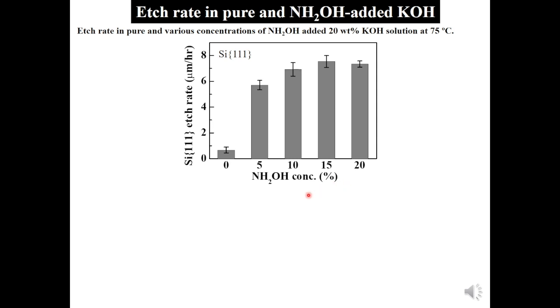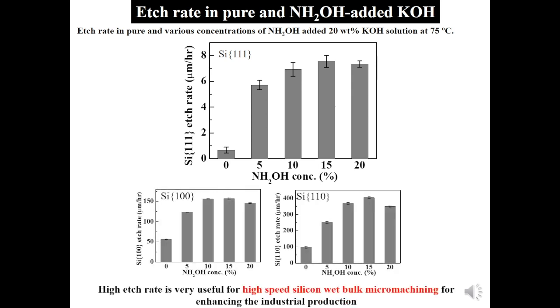If we see, when we are adding the NH2OH, the etch rate is increasing significantly. It keeps on increasing as the concentration of NH2OH increases, and it starts decreasing when the concentration of NH2OH increases beyond 15%. The same trend was observed on 100 and 111 wafers in our previous work.